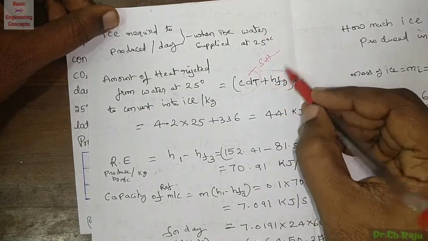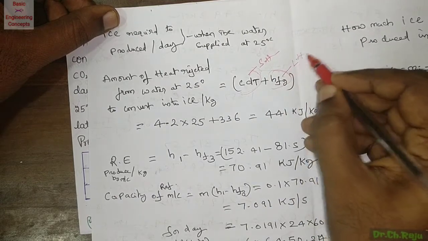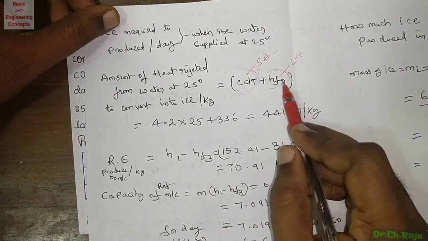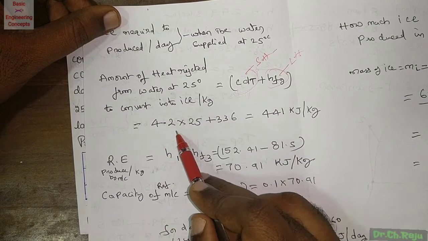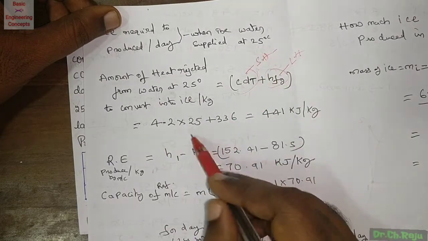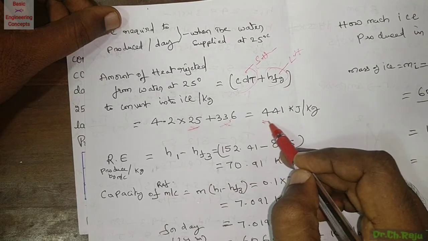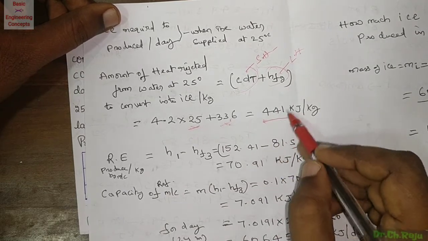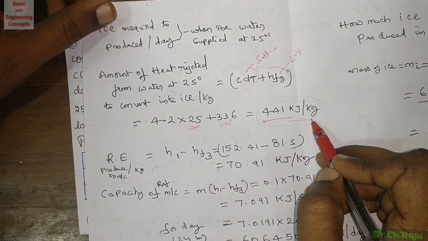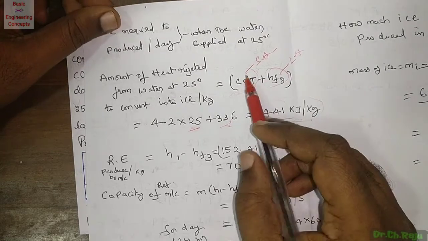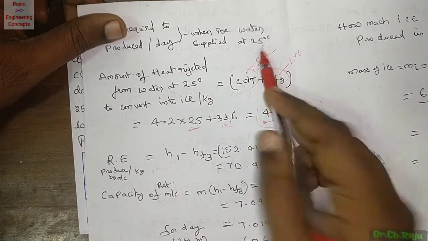Then at 0 degrees the latent heat should be removed. That is c dT plus hfg. The specific heat c is given as 4.2, the temperature difference is 25 degrees and the latent heat is 336. This is 441 kilojoules of heat that should be removed to convert the water supplied at 25 degrees to ice.